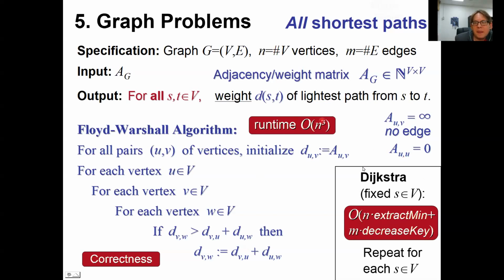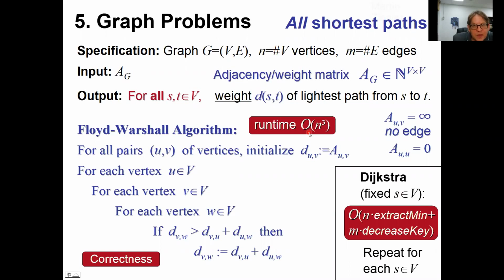Its running time is as good as Dijkstra for some graphs, more precisely for dense graphs, for graphs which have n squared edges. Not necessarily all edges must be present, but asymptotically, almost all edges must be present. Then the computational cost of repeating Dijkstra n times is comparable to the computational cost of the Floyd-Warshall algorithm.